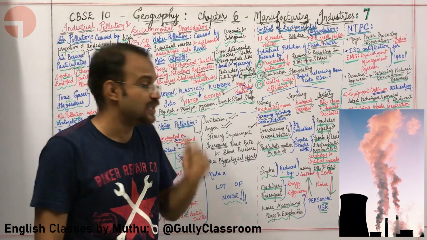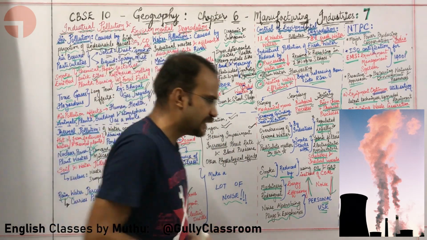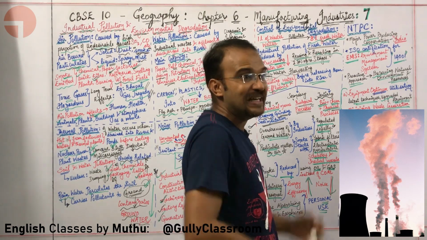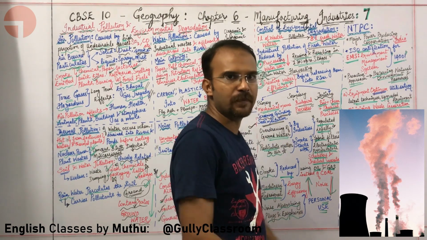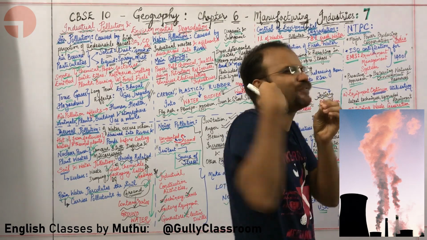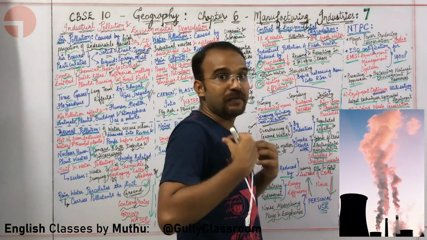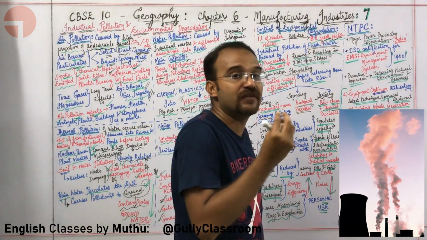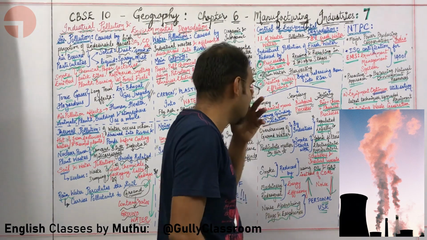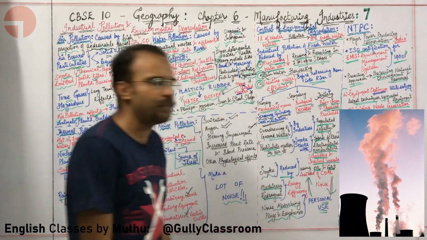Inertial separators. Inertial separators use the property of inertia. What is inertia? Let us say I am running fast and simply stopping. My mass will not stop. It will carry me forward for just a fraction of a second. That is called inertia.